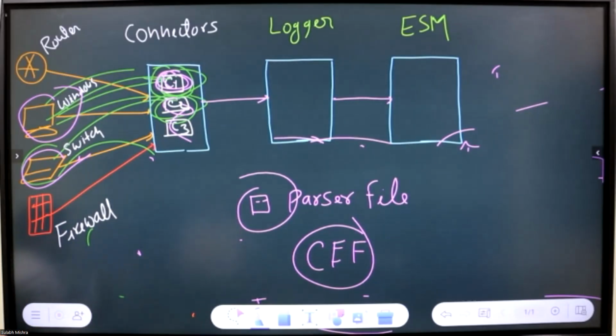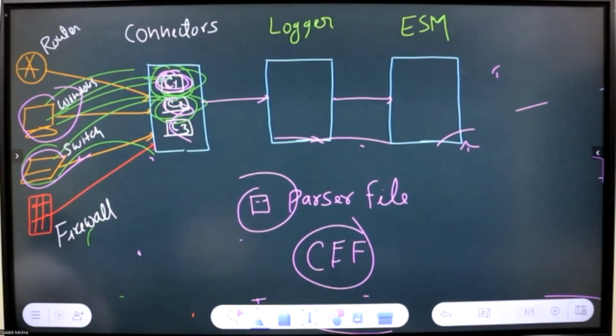If you want logs forwarded to Splunk, QRadar, or some cloud, you have multiple options here. Such as means some other destination is also possible. In ArcSight architecture there will be two destinations, but if you want to forward your logs to some other destination also, you have the option.